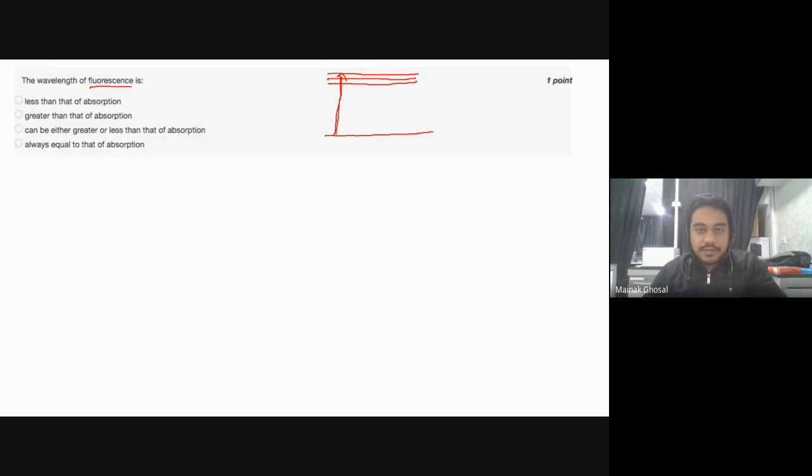So this is the absorption process, right? Absorption. Now it is coming from here to here by vibrational cooling, and the emission will come from this state. This is fluorescence.